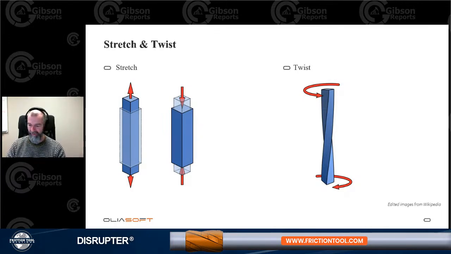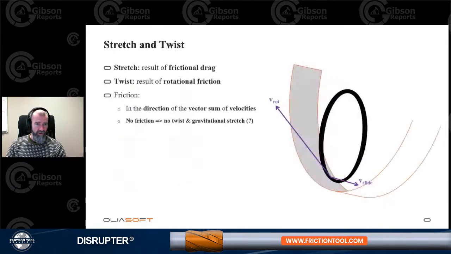There is a yield limit basically where you can actually twist steel or compress it or stretch it, where it will act as a spring and just go back to its original geometric shape. So stretch, of course, is part of the tension analysis.